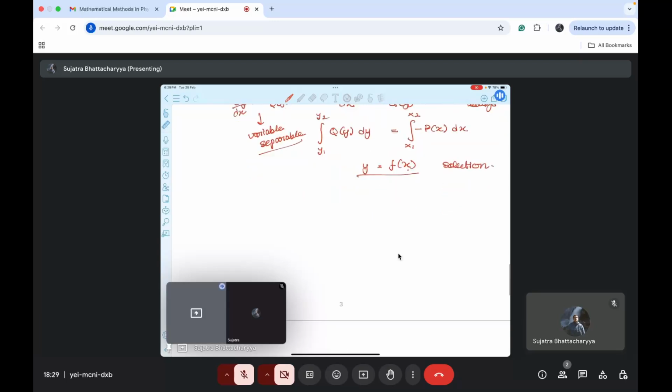One of the examples in physics for this variable separable method is radioactive decay. So you know that in nuclear reactions, there are several where initially you have some content of constituents, a radioactive sample which is N, and slowly with time it decays exponentially. So how do we get that?